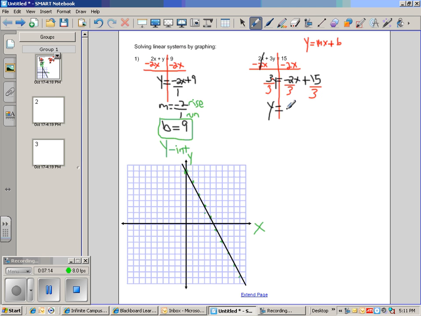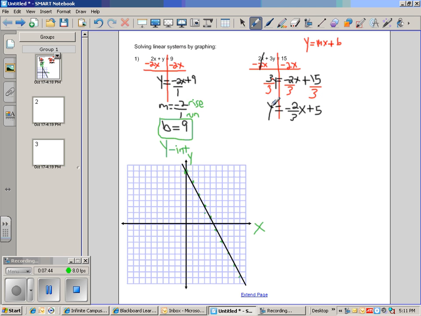That fraction cannot be reduced, so leave it as negative 2/3 x. And then we come to 15/3. That's a fraction that can be reduced. The numerator and the denominator are both divisible by 3. 15 divided by 3 is 5, and 3 divided by 3 is 1. So we have 5 over 1, but 5 over 1 is the same as 5.